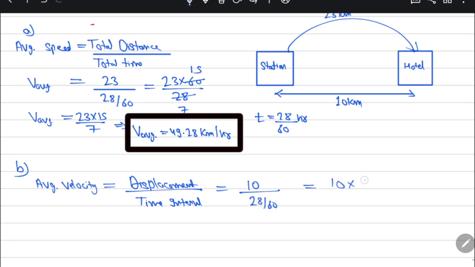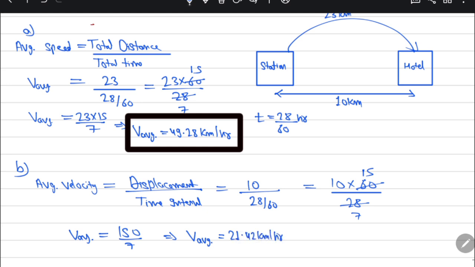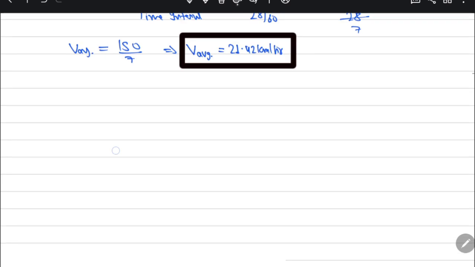So 10 divided by 28 by 60 gives 150 divided by 7. So the average velocity, sorry, is 150 divided by 7, which comes out to be 21.42 kilometer per hour.